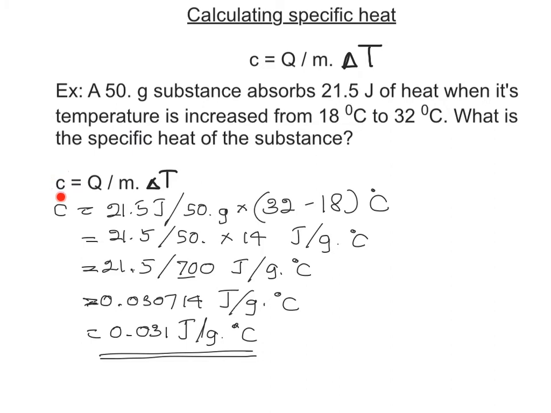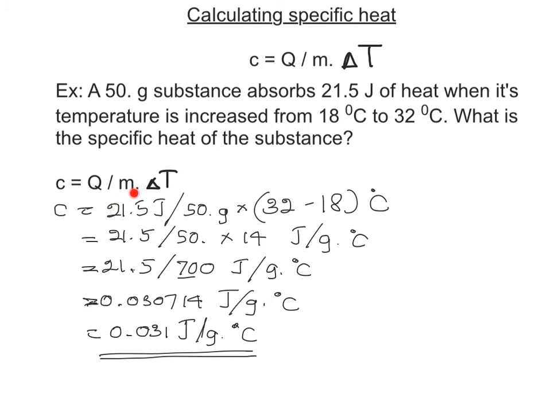The equation gives us the specific heat of a substance by dividing the amount of heat Q by the mass and the temperature change. We have to show the intermediate steps of the calculation while being careful about the significant figures as well. So let us substitute the numbers first.